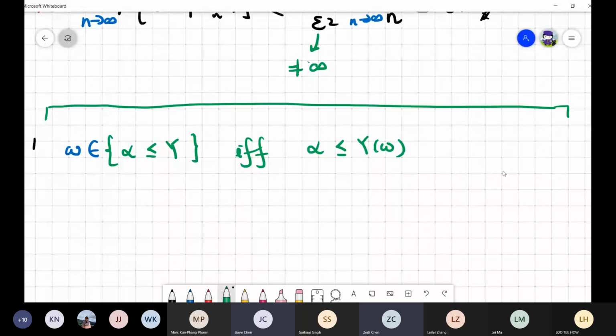And then we look at another one. Look at the indicator function of this omega.